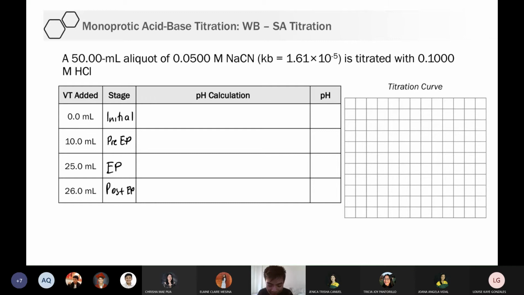Okay lang din. So, for initial, ano equation natin? OH, no? So, that's OH equals square root of CBKB. That's the square root of the concentration of the conjugate base times the Kb, 1.61 times 10 raised to negative 5.